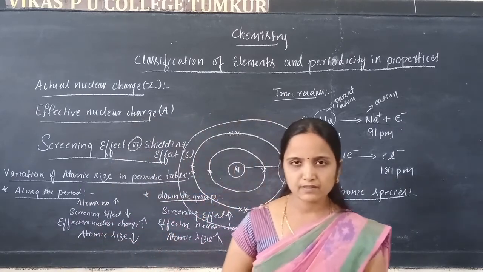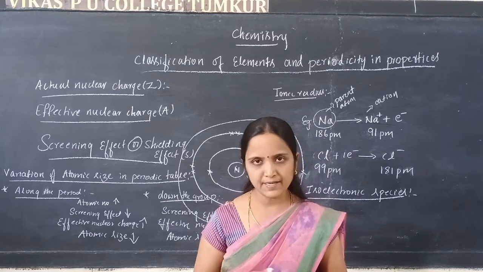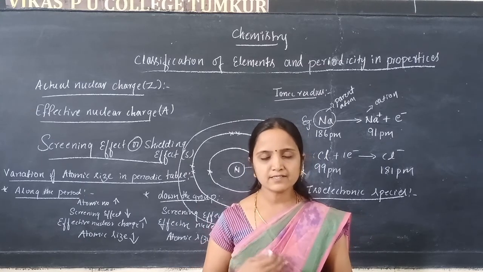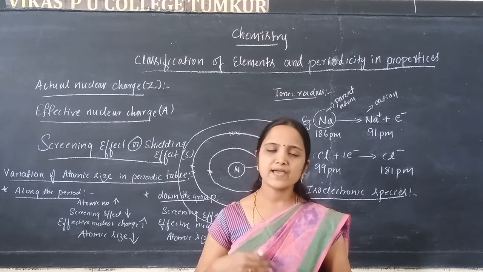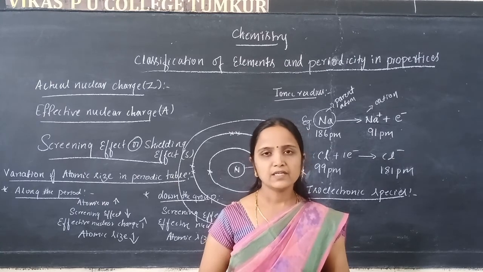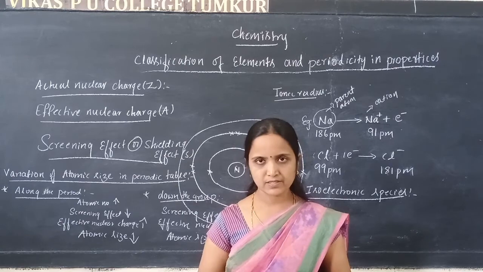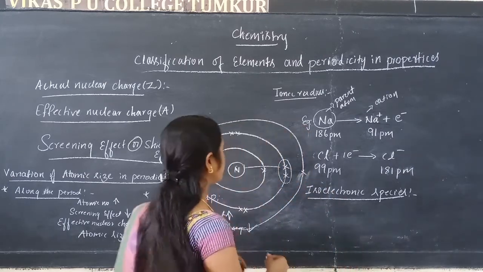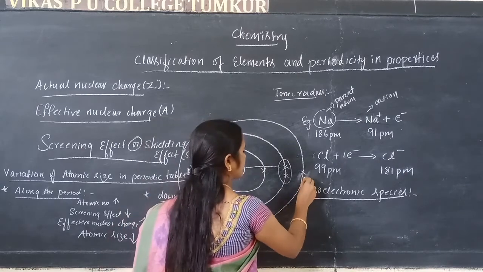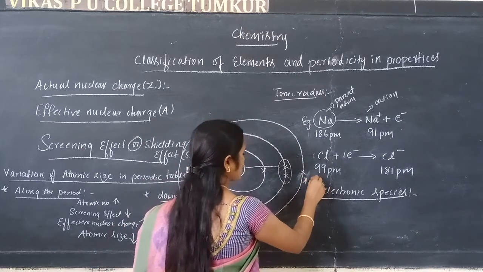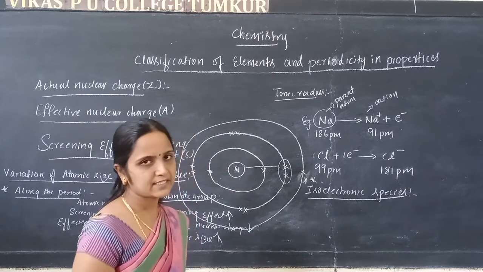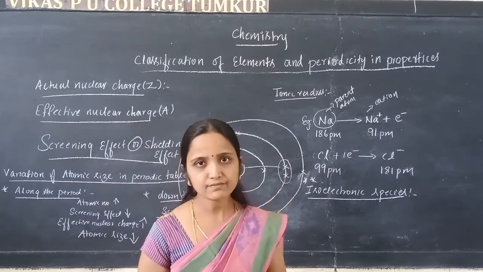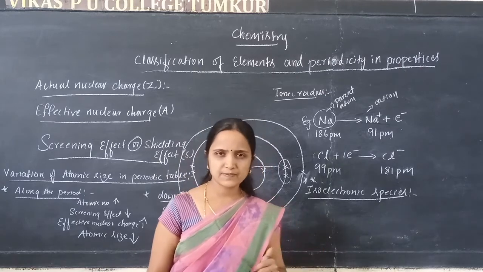The atoms of different elements contain the same number of electrons but different numbers of protons. That we call isoelectronic species. Give an example. It is asked many times in the examination for 2 marks.